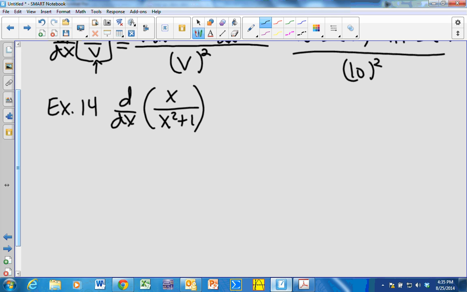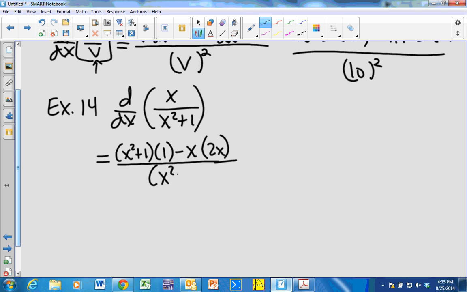And so we're going to find this derivative. So we're just going to follow the formula. It's really easy. So it is bottom times the derivative of the top, derivative of x is 1, minus the top times the derivative of the bottom, which would be 2x. All over the bottom squared.